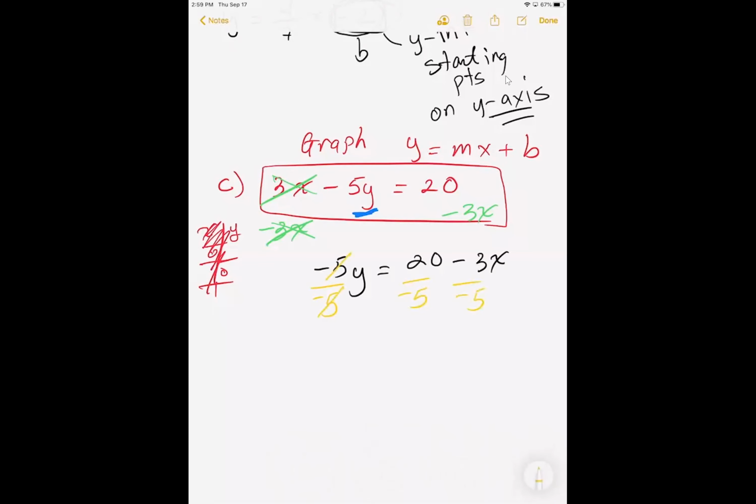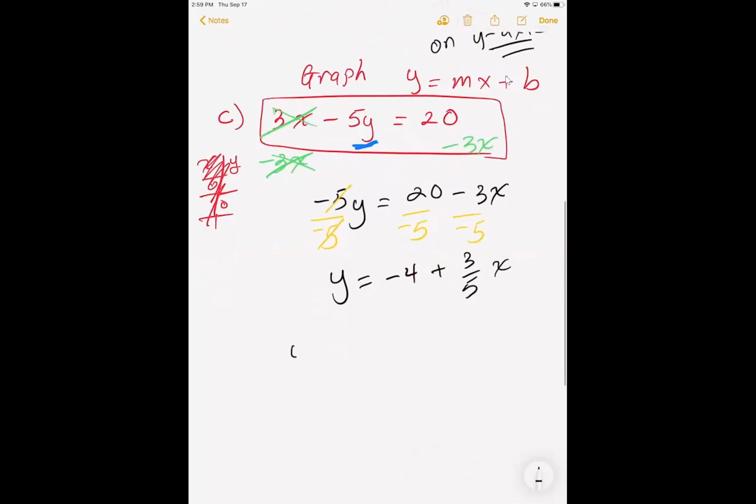Negative 5 and negative 5 cancel out. My new problem will be y equals negative going to positive gives me negative 4, and a negative gives me a positive 3/5 x. If you want to put it in the form that you usually see, you can say 3/5 x minus 4. Wherever the 4 goes, the sign goes with it, which is why I have a negative 4.